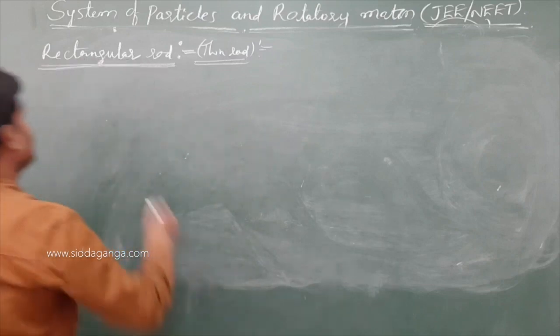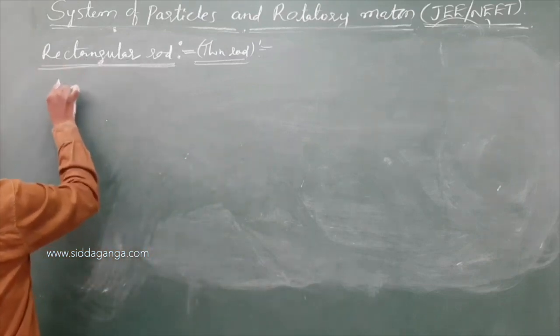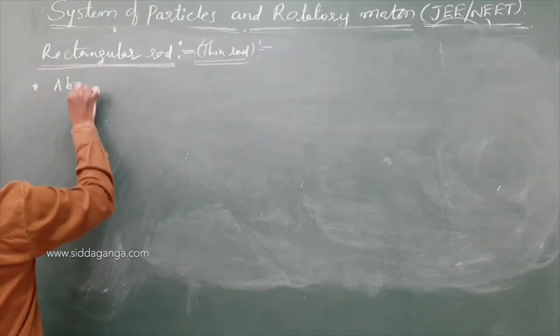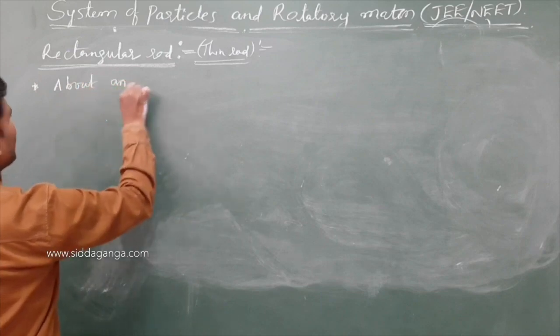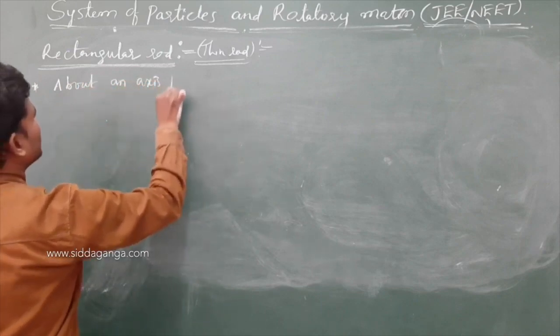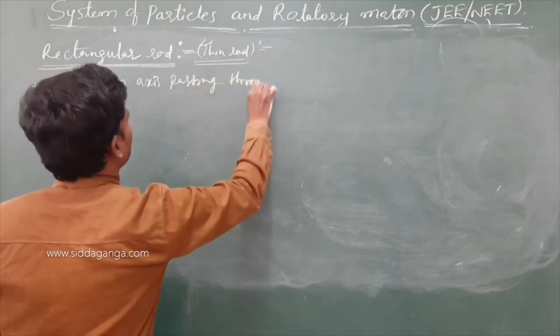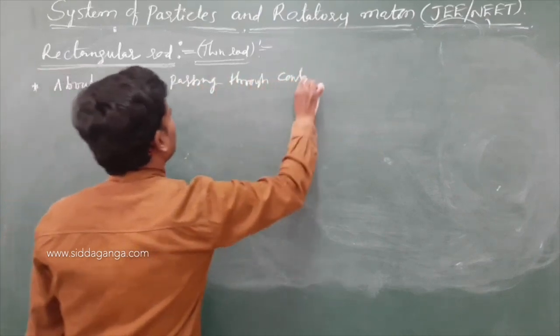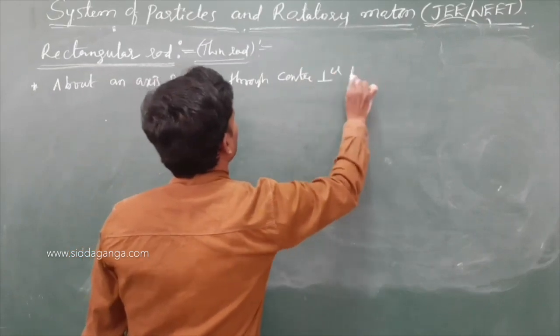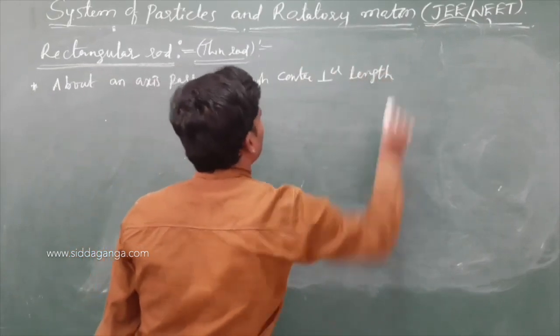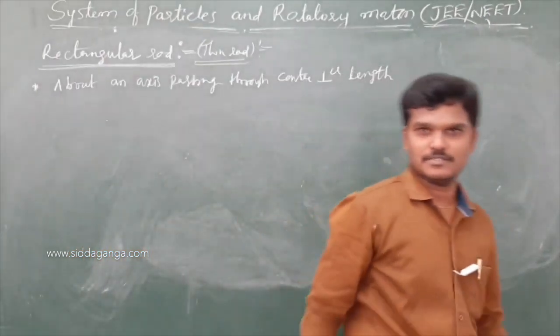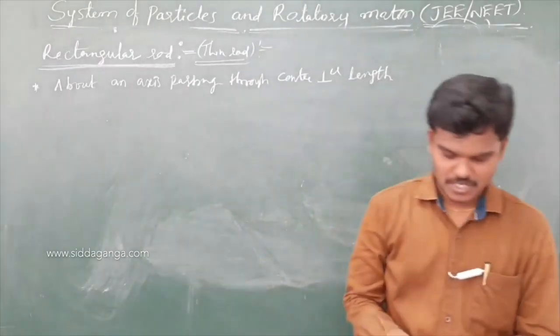Now let me find the moment of inertia of this. First I am finding it about an axis passing through the center, perpendicular to the length. Of course, the final formula is enough, but let me show all the derivations.